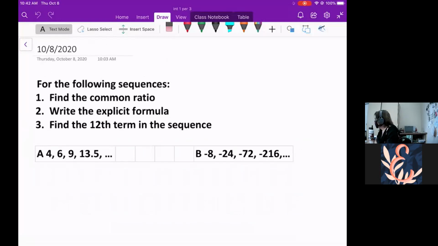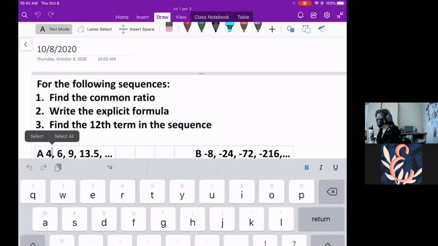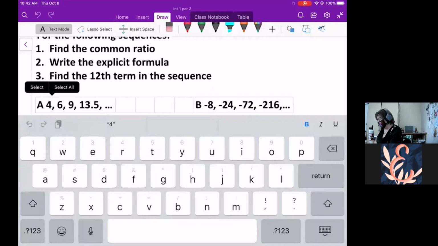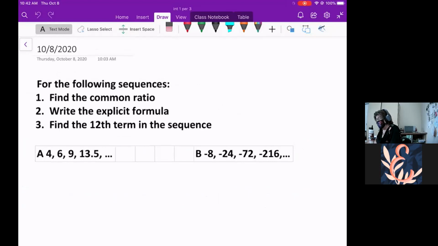So like the 4 here is the first term because it's the first number in the pattern, and the 9 is the third term. Now remember back when we did slope, we used x1 and x2. We used little subscripts to help us know whether it was the first one or the second one.